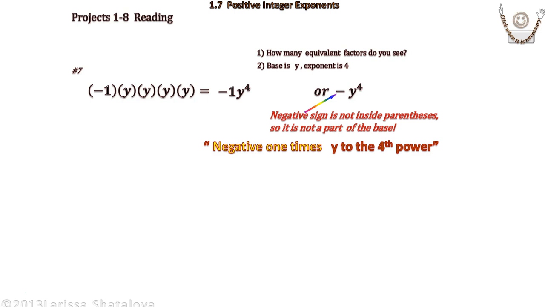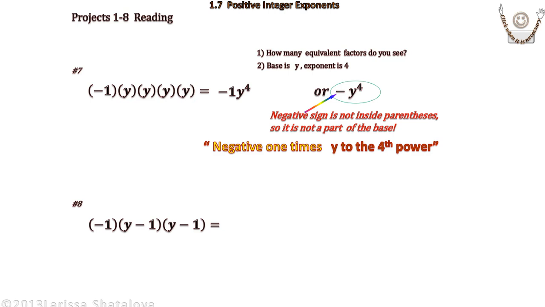And one more example. -1 times parentheses y and -1 times parentheses y and -1. As you see, factors can be very simple or can be more complicated.